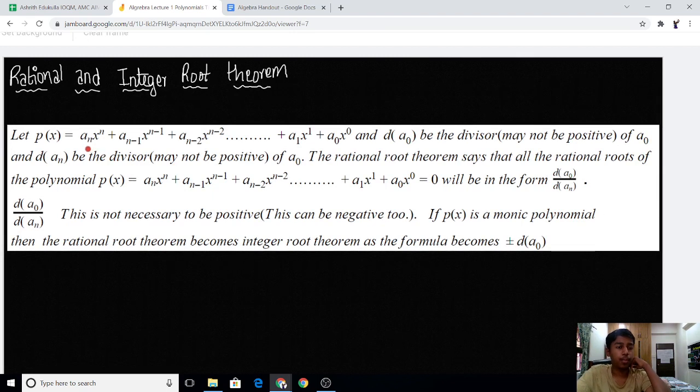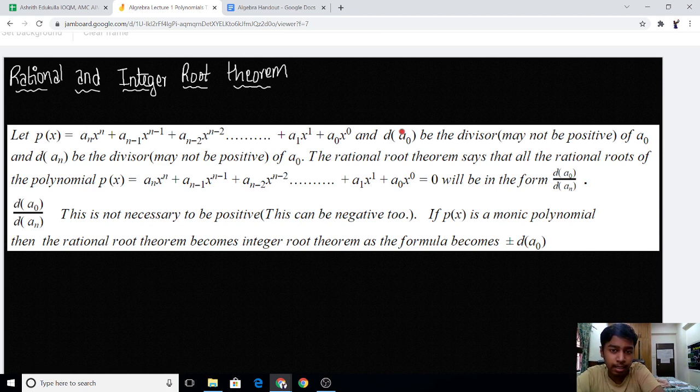So if I was given a polynomial, as I told you, the polynomial p of x is written as an x power n plus an minus 1 x power n minus 1, plus an minus 2 x power n minus 2, so on till a1 x plus a naught. You don't need to learn the proof because the proof is a little complicated.